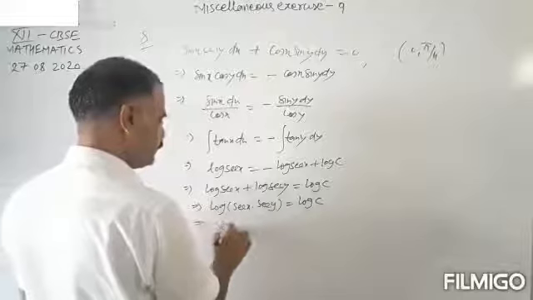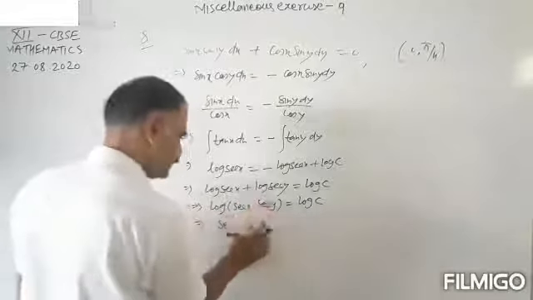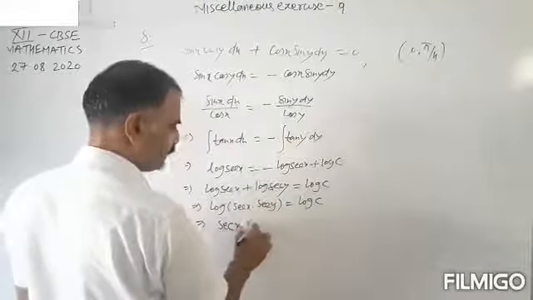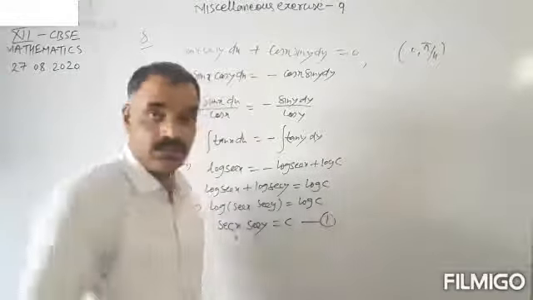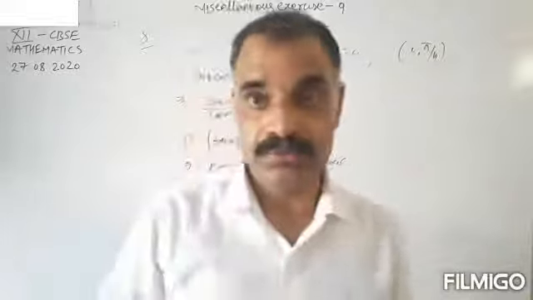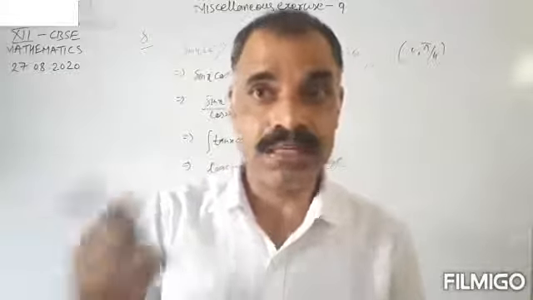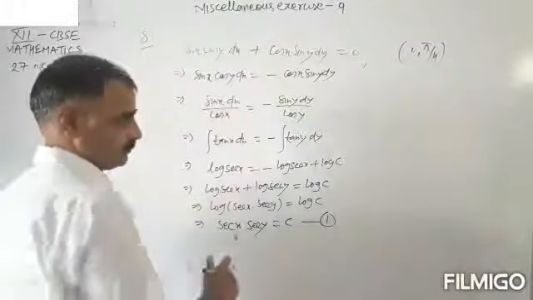So sec x multiplied by sec y is equal to c. This is the general solution of the given differential equation.